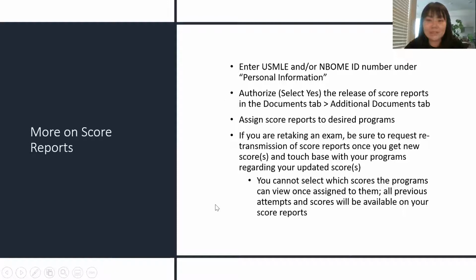And if you're retaking an exam, be sure to request a retransmission of your score reports and touch base with your programs to update them regarding your new score. One important thing to note is that when you give the sign off to send your scores to the programs, you can't pick and choose which scores you're showing to them. So let's say you submit your permission at a certain point and you've already retaken your exam, your first attempt will also show up.